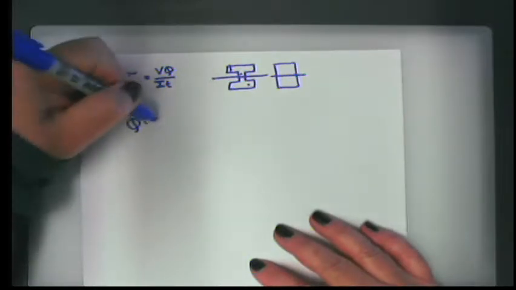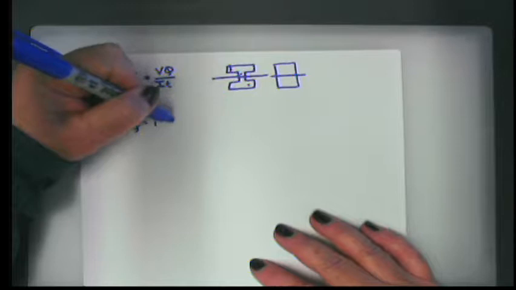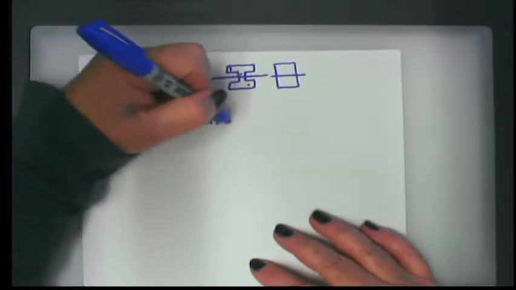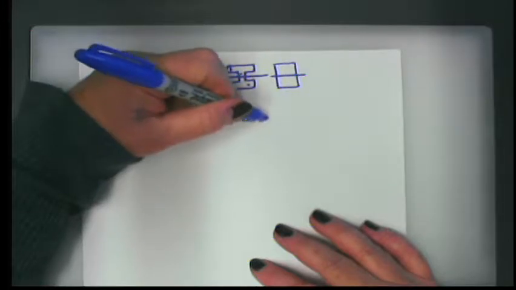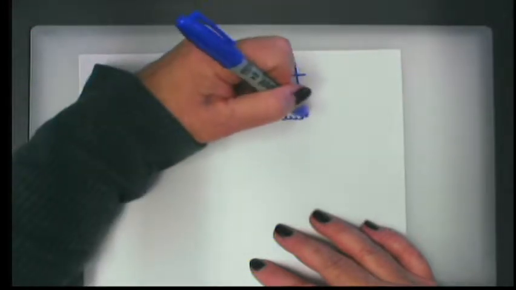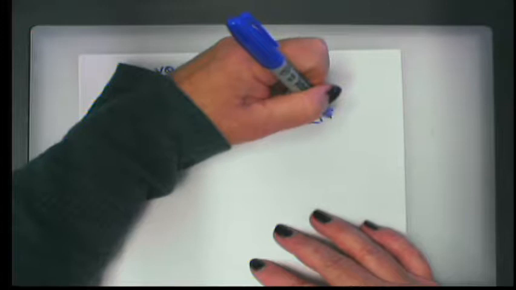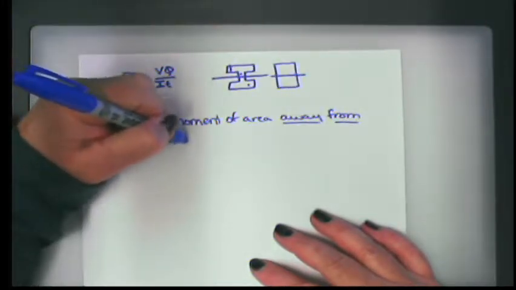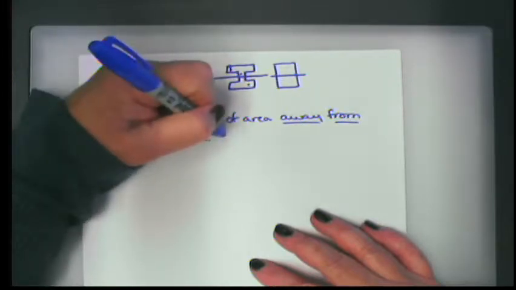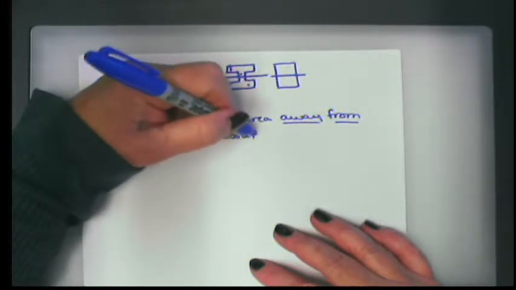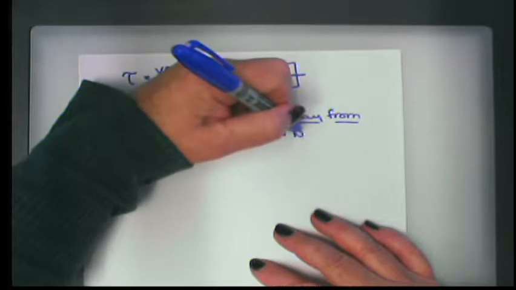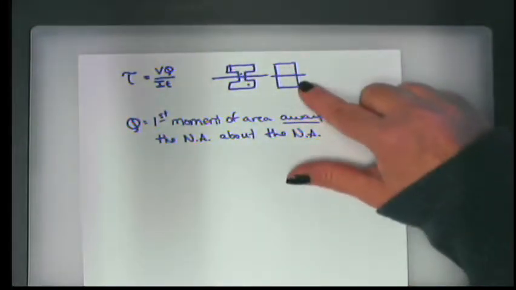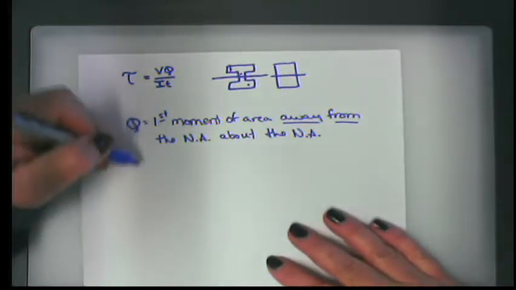Q is the first moment of area away from the neutral axis, about the neutral axis. Right? So we're going to begin our discussion with a rectangle.